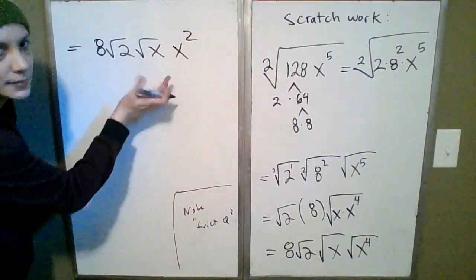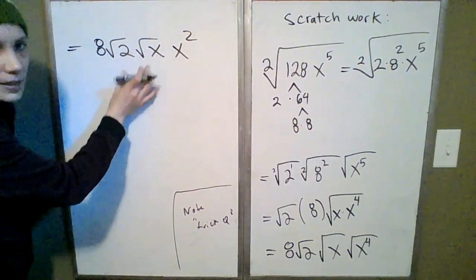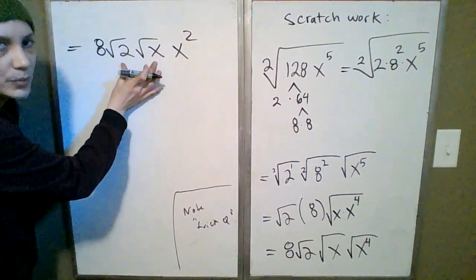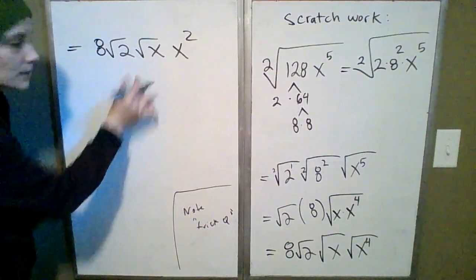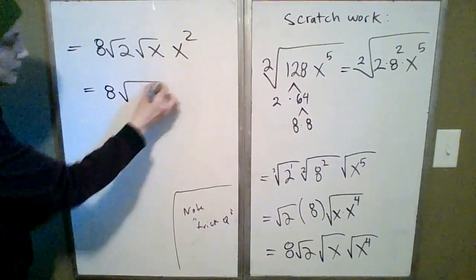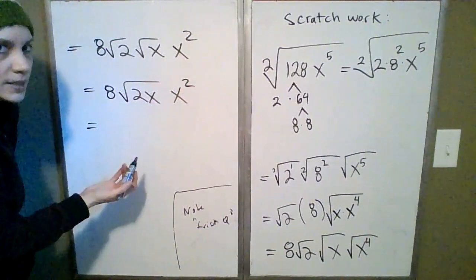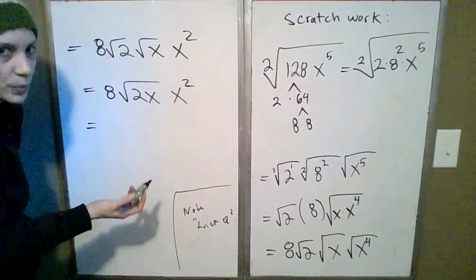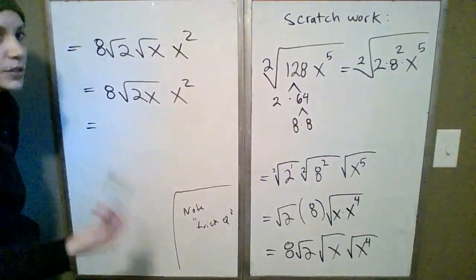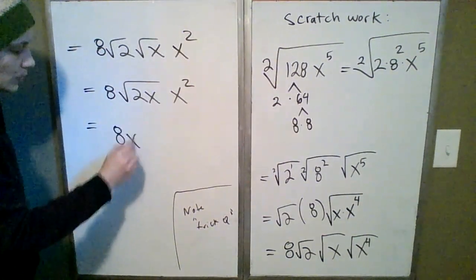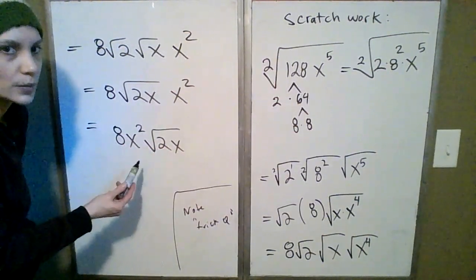Again, there's probably a faster way or a better way to explain solving this. I would put this back together. The root of 2 times the root of x is the root of 2 times x. If I were putting this in as a solution on homework, answers are usually written like 8 and then the x squared and then the root at the end. 8x squared root 2x.